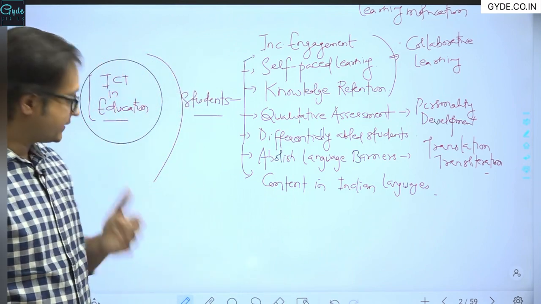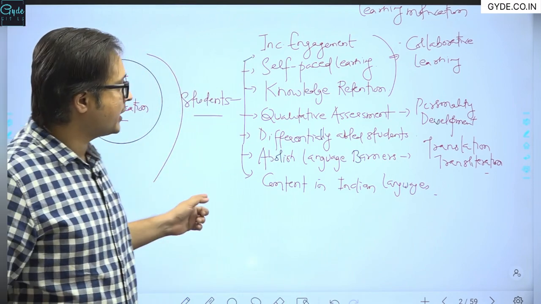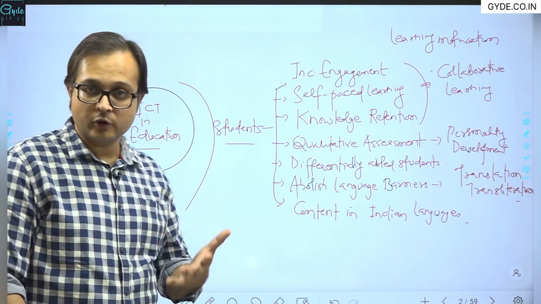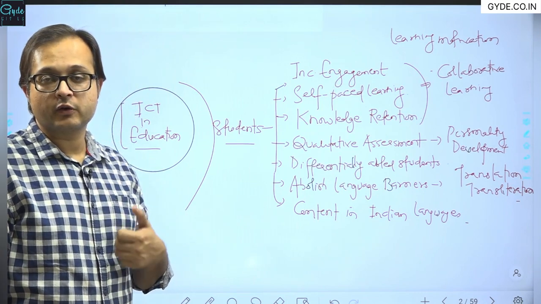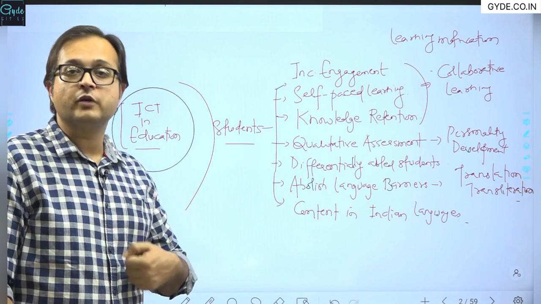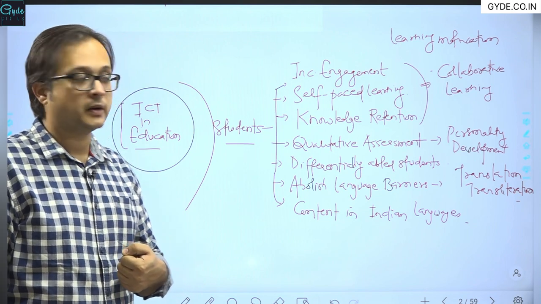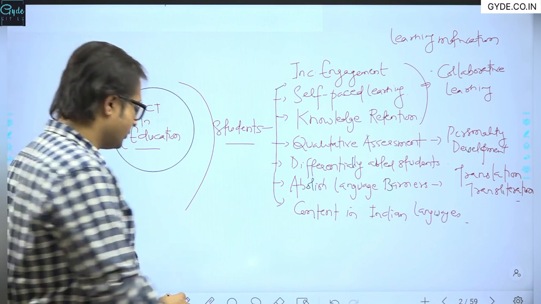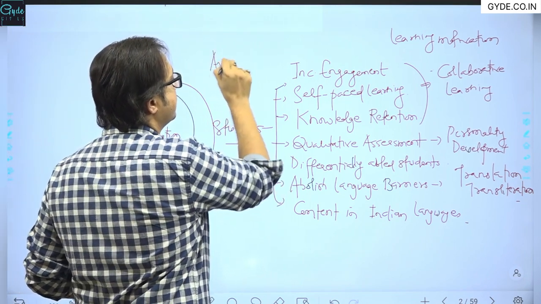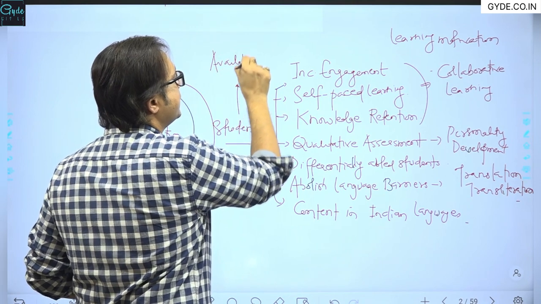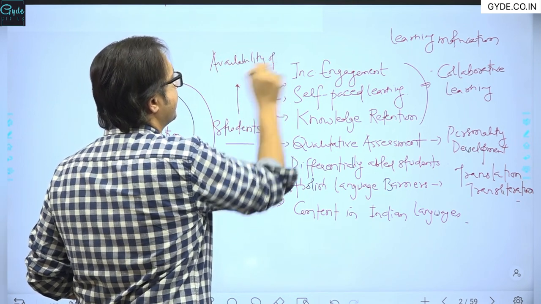And then there is a large scale content that may remain available over the ICT based platforms, right? There could be documents, there could be flexible learning which can be generated, or flexible availability of the content over the ICT platforms, right?